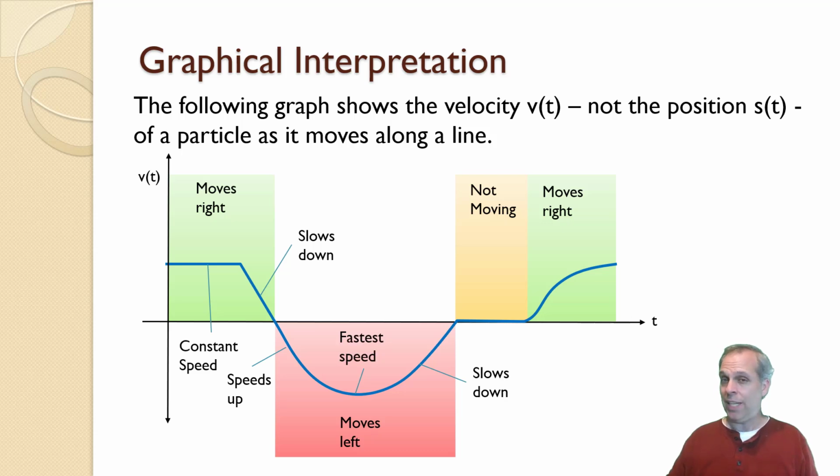That means that in between, since you were slowing down and then speeding up, right here at that one moment must be the fastest you were going in this time block. And in fact, in terms of absolute value, that's the point that's farthest away from the t-axis. So that has to correspond to the fastest speed if you take the absolute value of the velocity at that time. Also notice there's a time where you go from the right to the left. At that time, you must have changed direction.